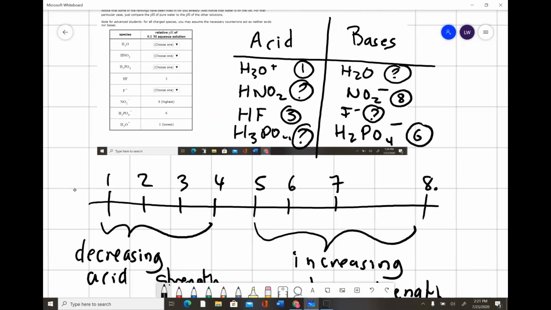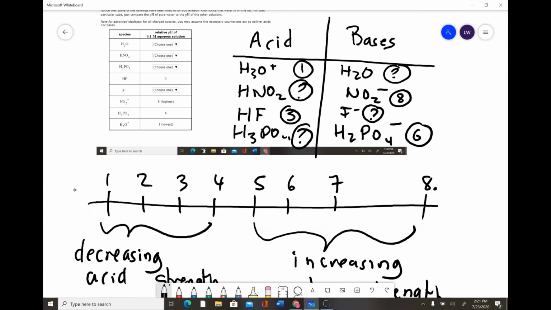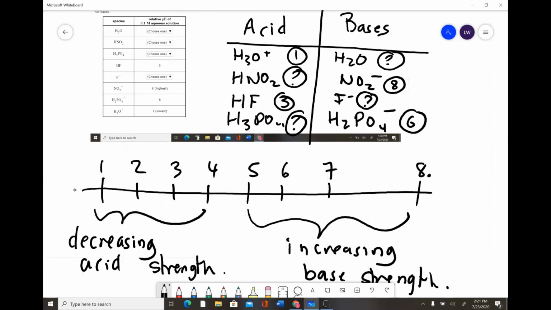Now, we need to apply the rule about conjugates that says that the strongest acid will have the weakest conjugate base, and vice versa, the weakest acid will have the strongest conjugate base. So, number 1 is H3O plus. That is our strongest acid. That means its conjugate will be our weakest base.